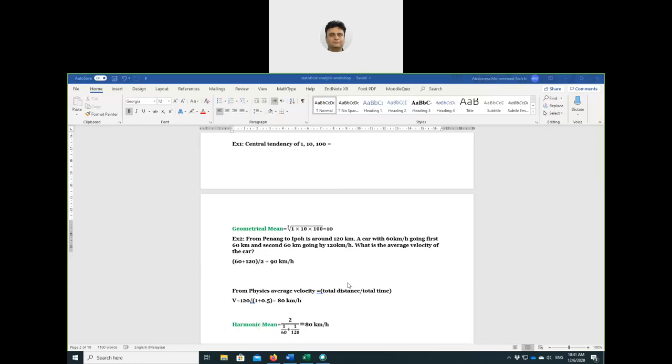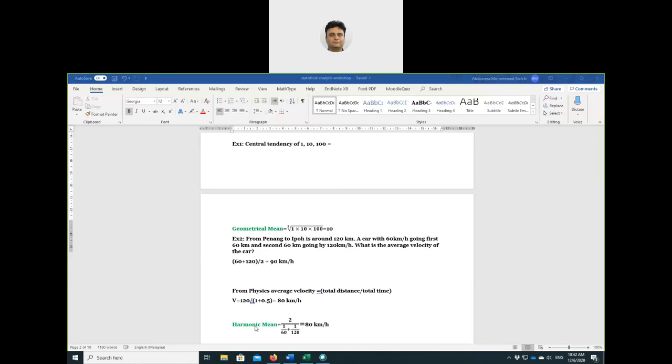Sometimes the government reports that the rate of inflation is, for example, 80, but when you calculate by hand, it's 90. Why do they report 80? Because the harmonic mean is the correct way for this case.